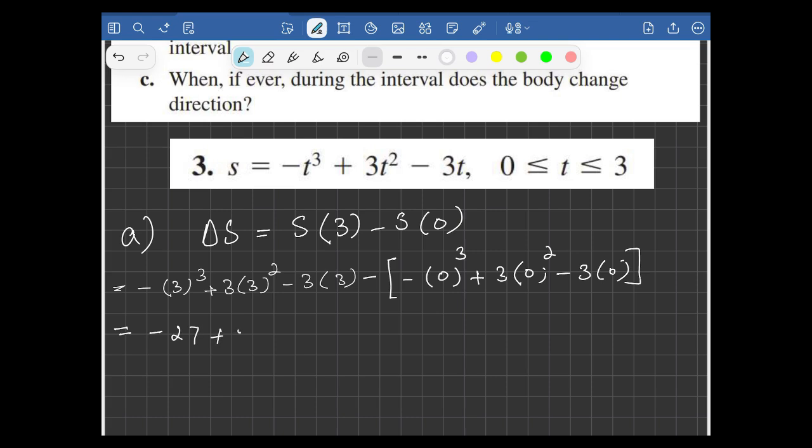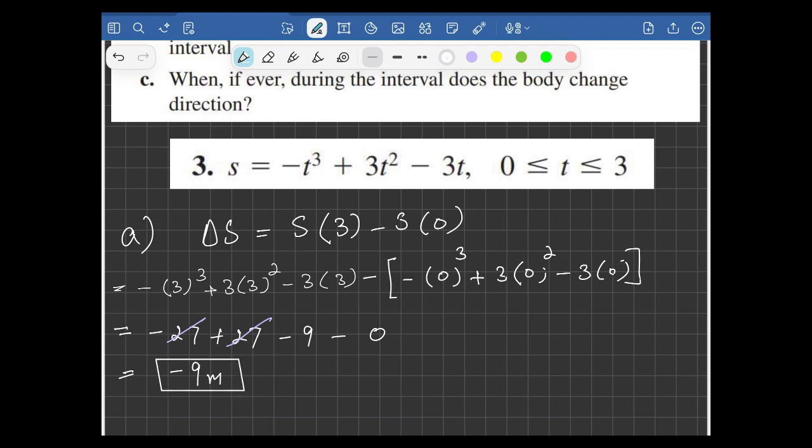So minus 27 plus 27 minus 9, minus the zeros, there is nothing left here, it's all 0. So now plus 27 minus 27 cancel out and we are left with only minus 9 meter. This is the value for the displacement.